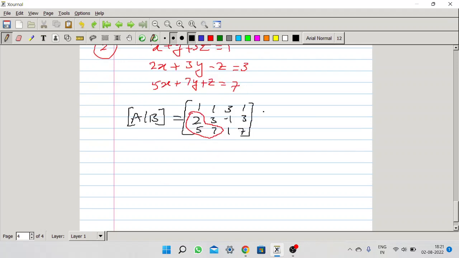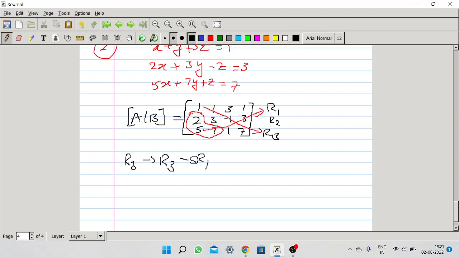So the operations here I am doing are on R1, R2, R3. To make the element 5 as 0, I'm using R1. So the resulting operation is R3 to R3 minus 5 R1.